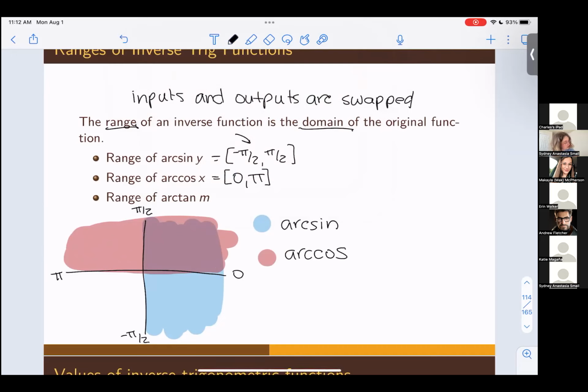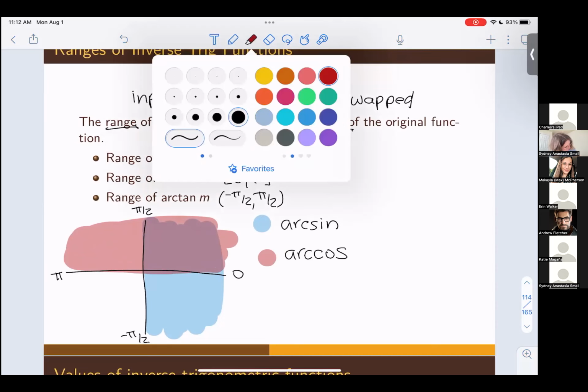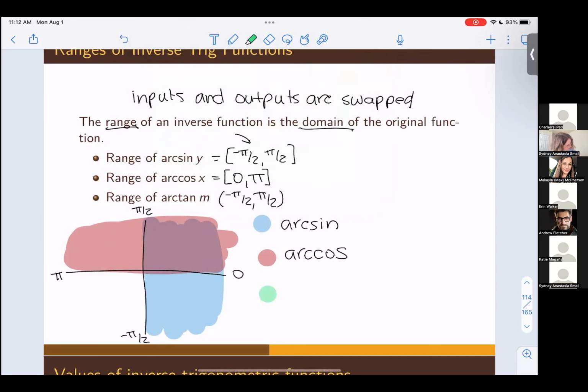And then finally, arctangent is also negative pi over 2 to pi over 2, like this. It's green. So those also all lie in this region here.